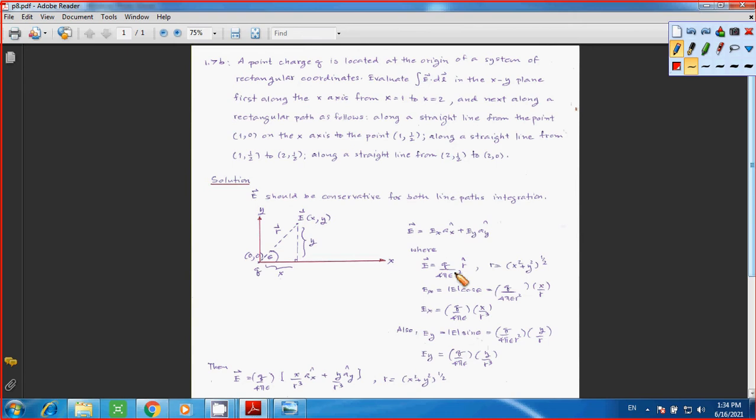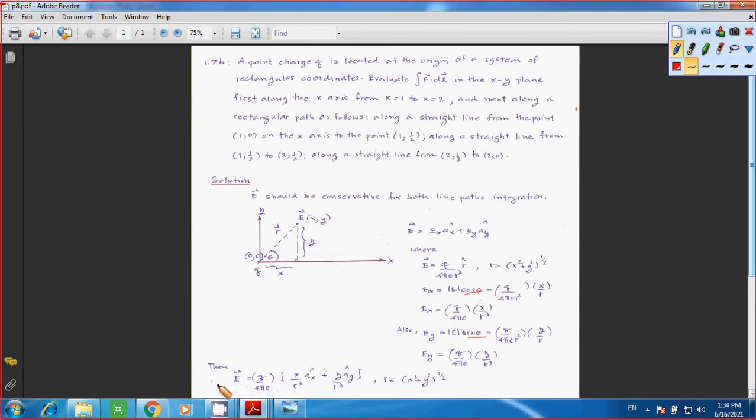So you just collect some information to do the calculations. Now you know sine theta and cosine theta in terms of x, y and r.